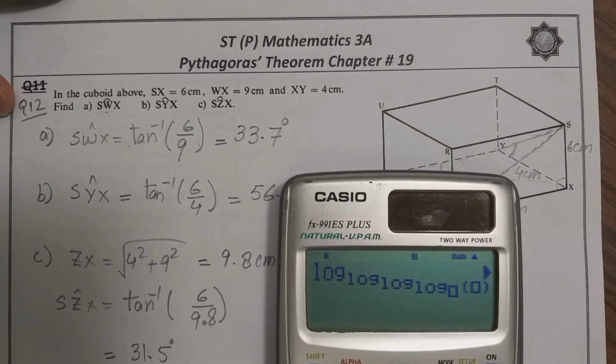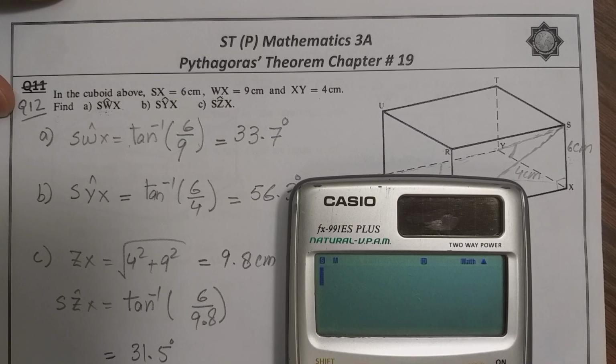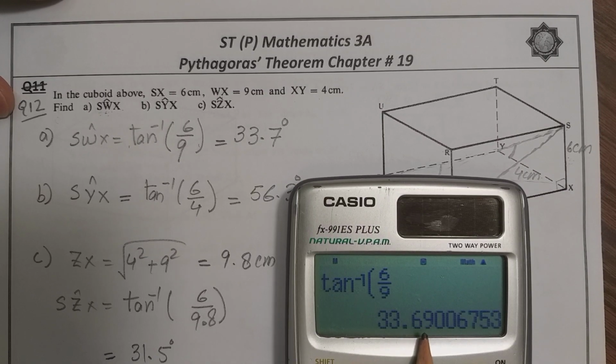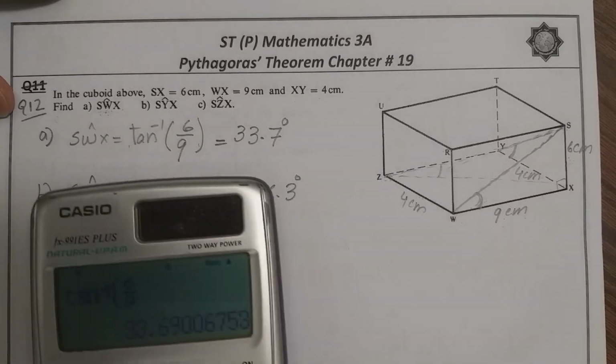Substitute in the calculator: shift tan 6 over 9 equals 33.6900. I make it one decimal place or three significant figures. After 6 comes 9, which is more than 5, so I increase the number, and it becomes 33.7 degrees.